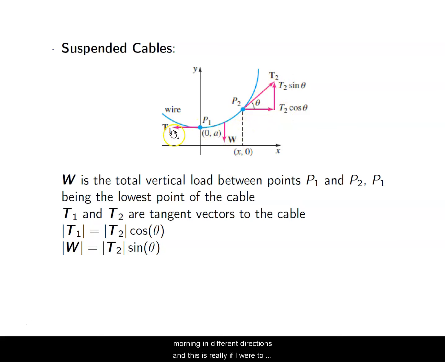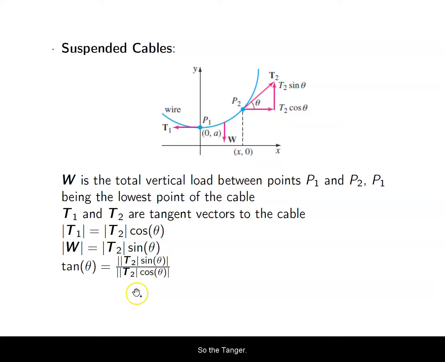And that's just really, if I were to take this T1 and take this W and move them, change both of their directions and move them in space, in relationship to this T2, they would then be equal in this fashion, okay? So the tangent of theta here is going to be basically opposite over adjacent, right?